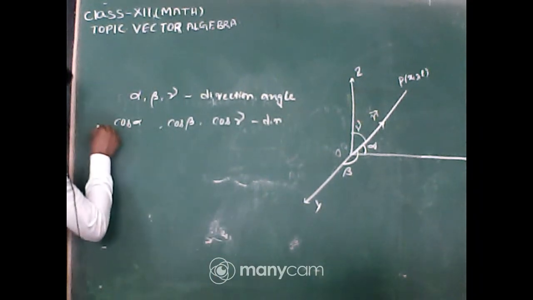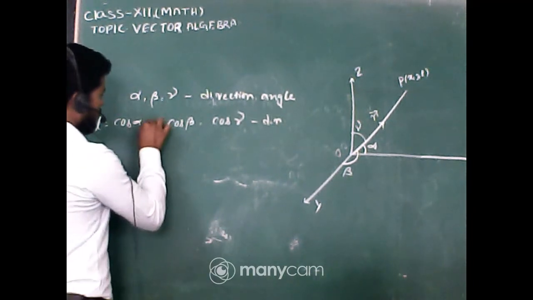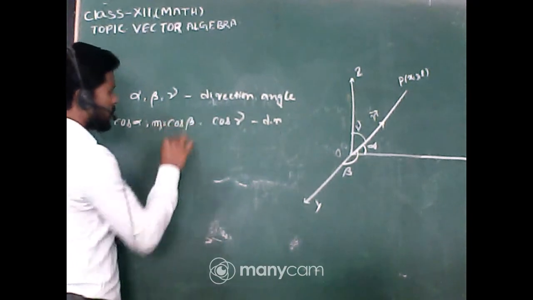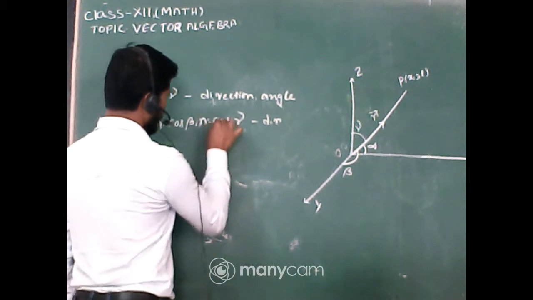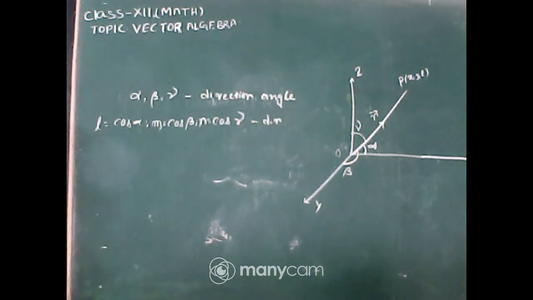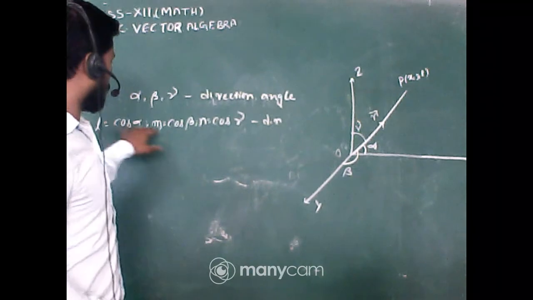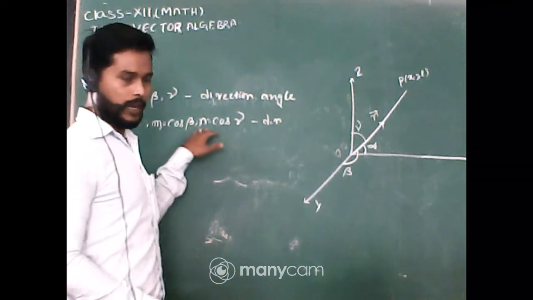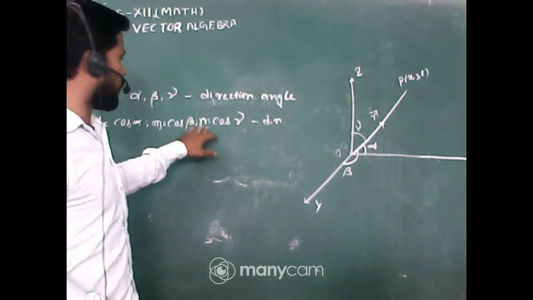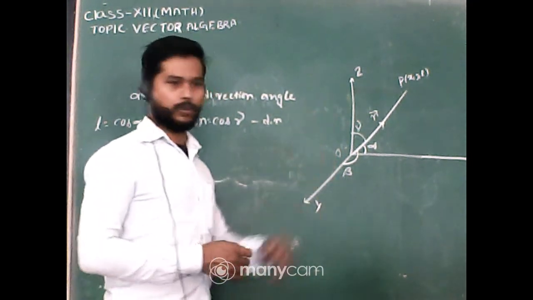Cos alpha is denoted by L, so L is equal to cos alpha. Cos beta is denoted by M, so M is equal to cos beta, and cos gamma is denoted by N, so N is equal to cos gamma. So L, M, N are the direction cosines of the vector OP.